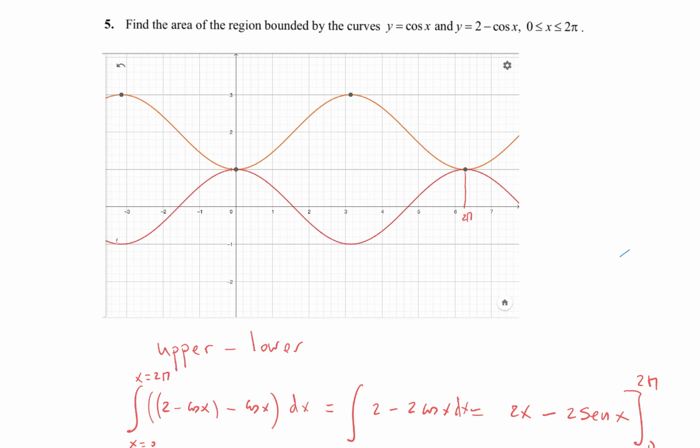Go faster. Find the area of the region bounded by the curve y equal cosine of x. y equal cosine of x is this graph. And y equal 2 minus cosine of x is this graph. And they say find the area bounded by the region of the two curves between 0 and 2 pi.